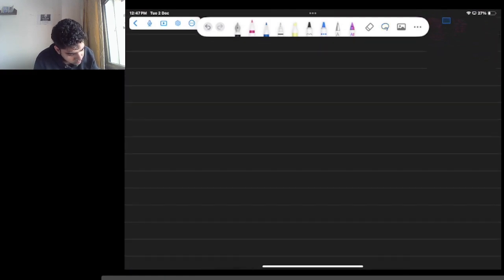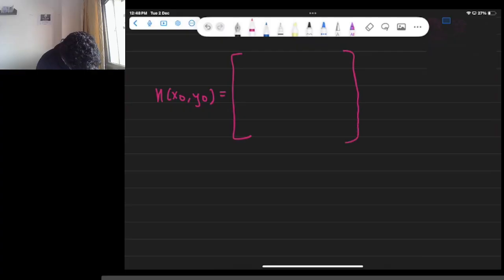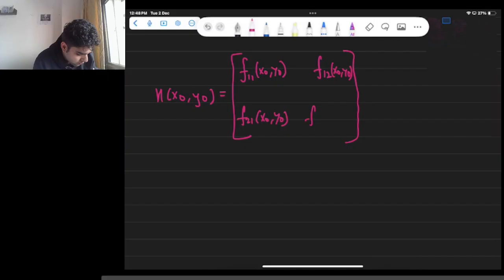So Hessian matrix, if I just draw Hessian matrix, here I'll be writing f11(x naught, y naught), f12(x naught, y naught), f21(x naught, y naught), and f22(x naught, y naught).